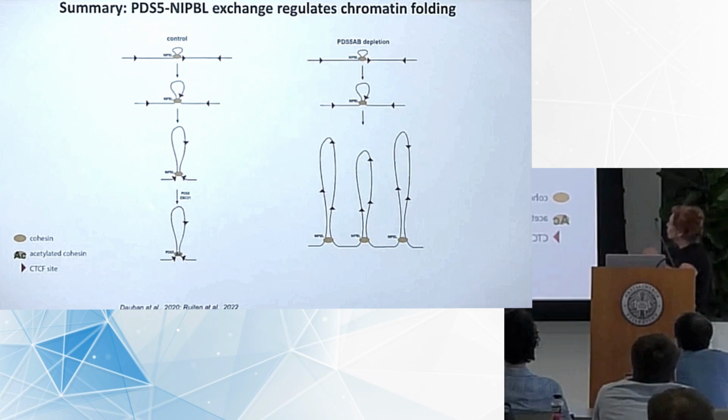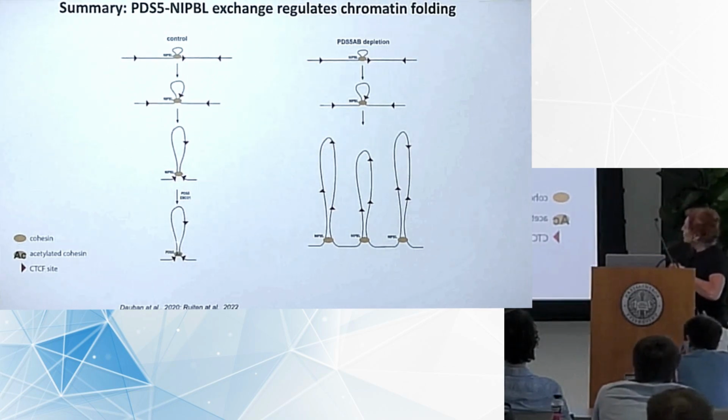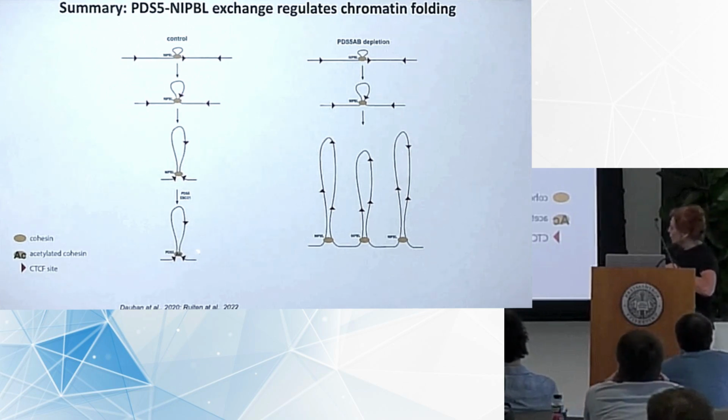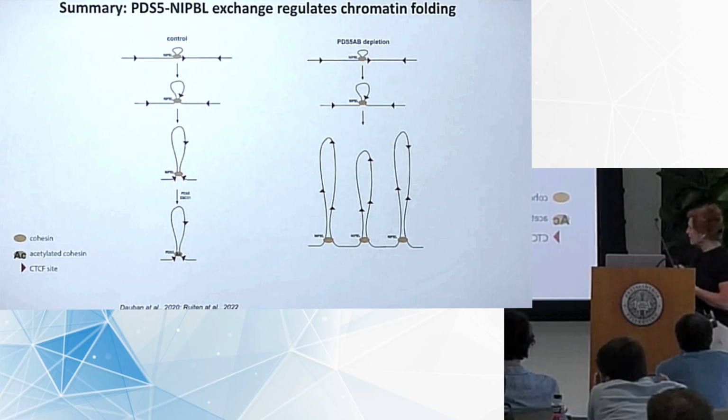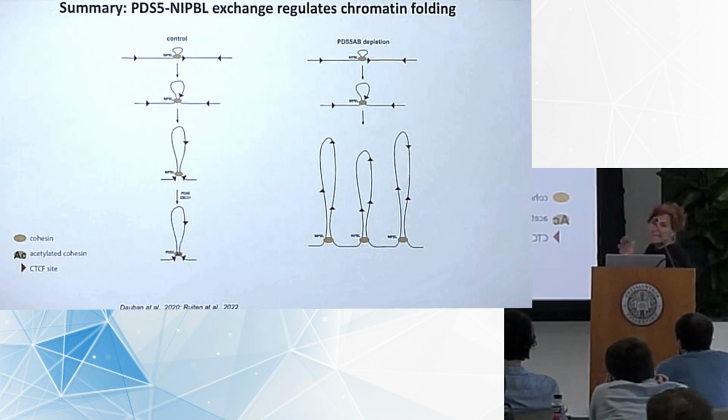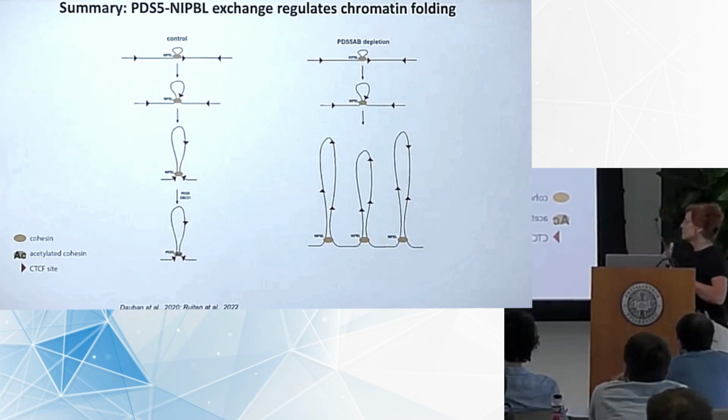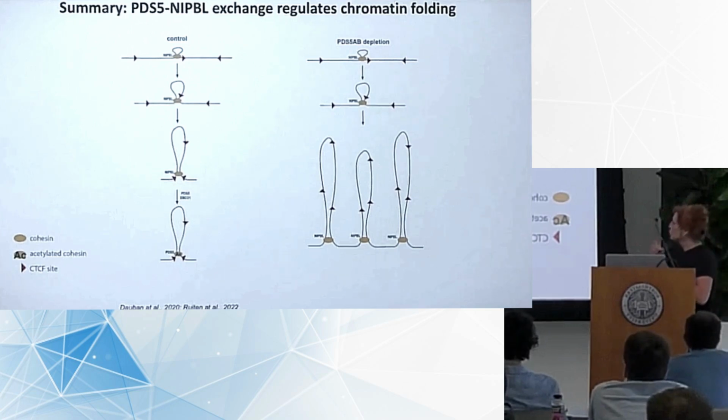So what I told you today is that we believe, like many of us here, that NAPBL together with cohesin extrudes loops, and when it encounters convergently positioned CTCFs, then PDS5 exchanges for NAPBL, and acetylation also happens there, and this leads to cohesin stopping at CTCF sites.